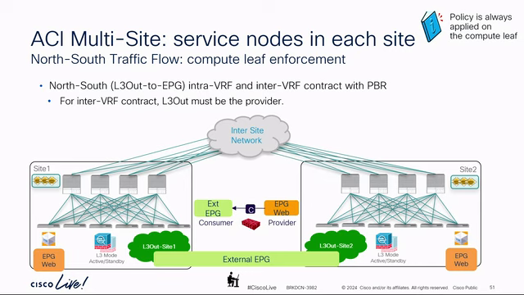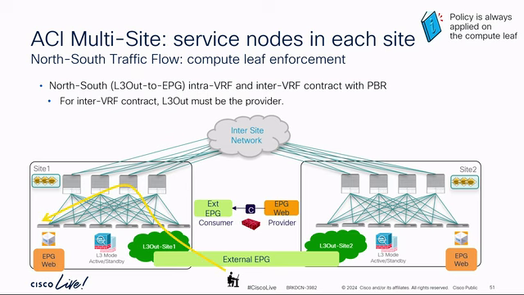So let's take a look at north-south traffic for multi-site. Assuming we have a service device active standby in each site, but I just use this as an example. You can just use an active-active cluster within a site or an independent active device in a site. So imagine you have an external EPG to web EPG contract with PBR.